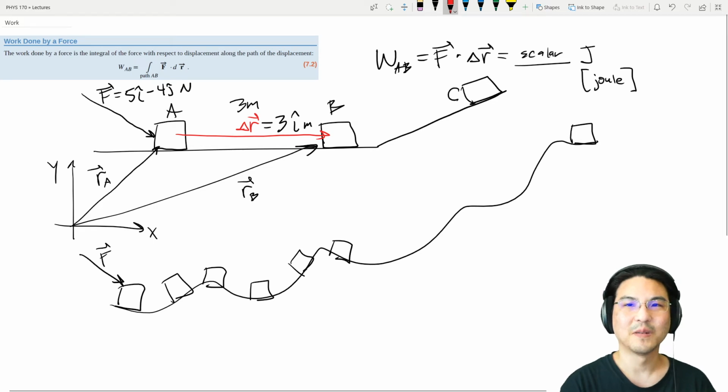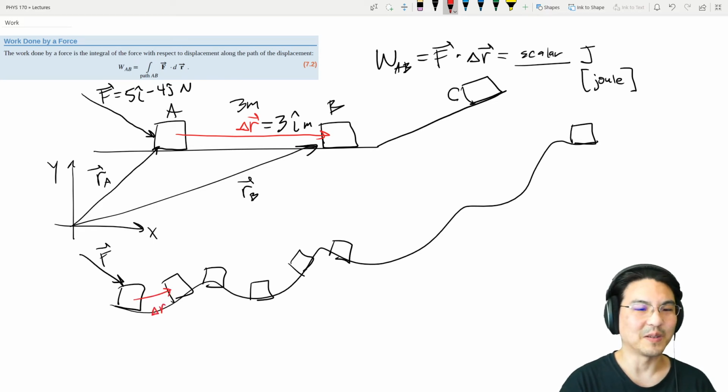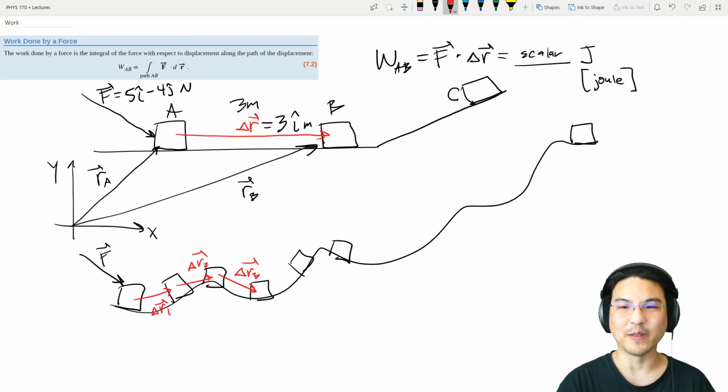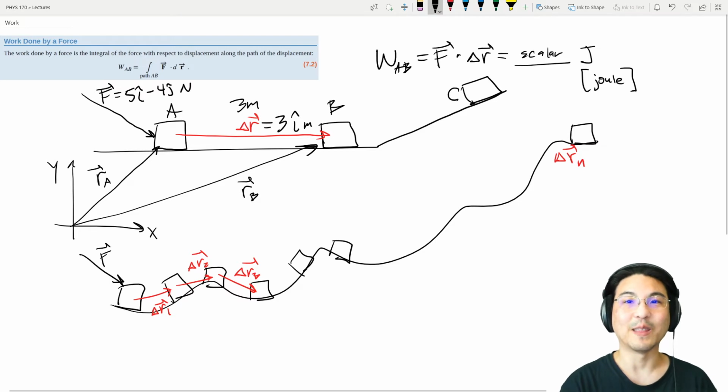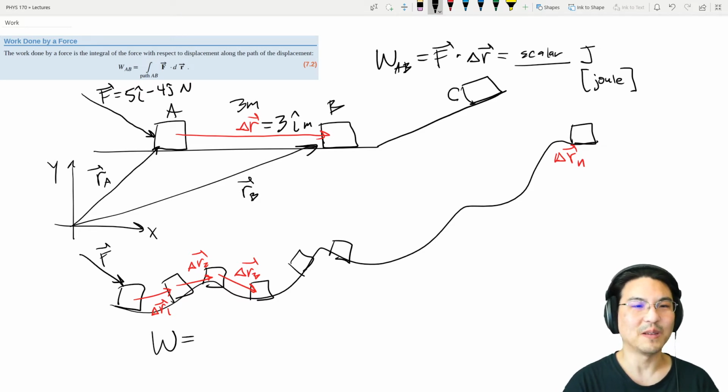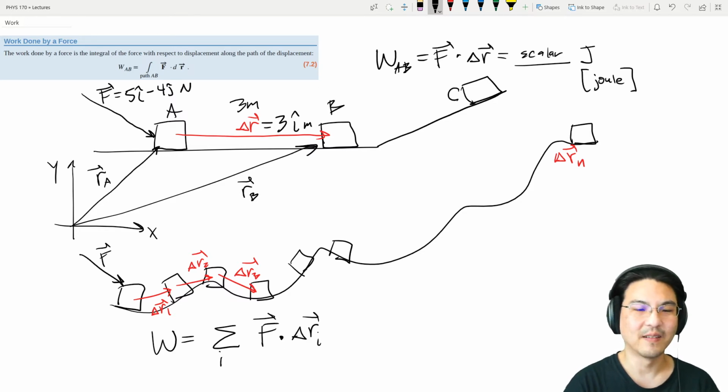Let's say displacement 1 over here, delta R1, and then delta R2, and then delta R3, until you have however many of them, n of them, delta Rn, and you just add them up, right? So the work would be the sum of F dot delta R from 1 through n, like this.